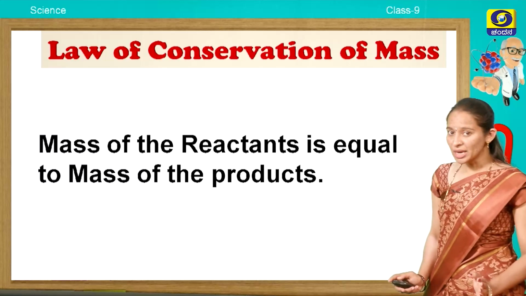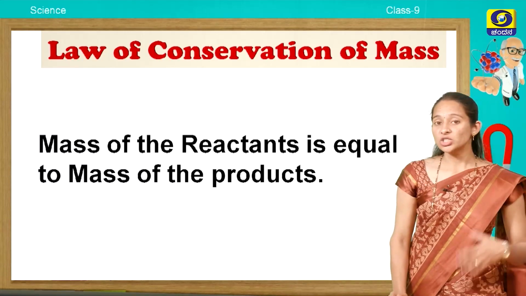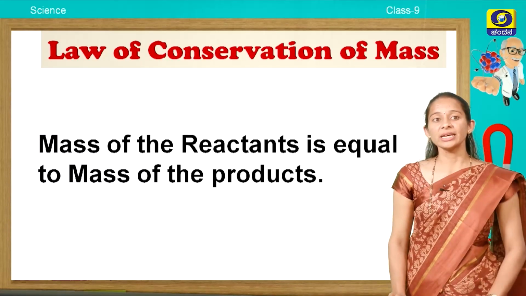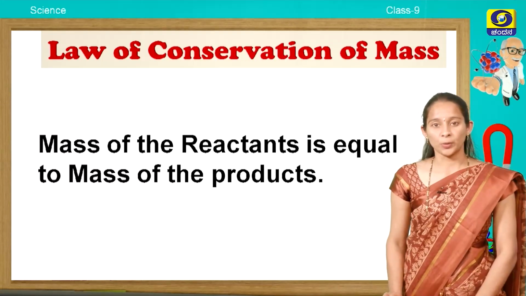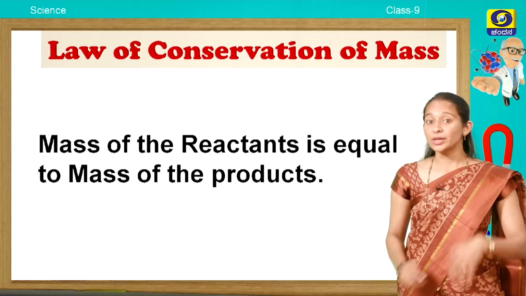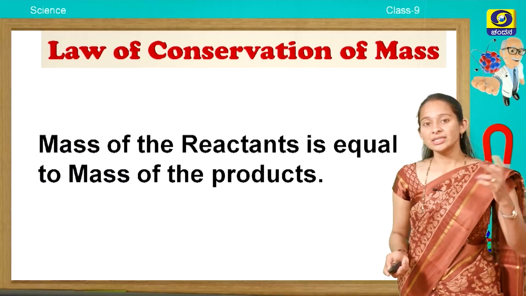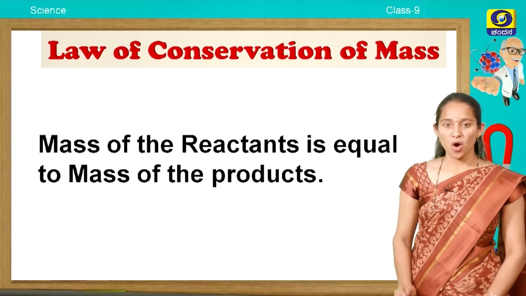So in any chemical reaction, however much mass of reactant is taken, that is retained as the mass of the product. But during chemical combination, there is breaking and making of bonds.